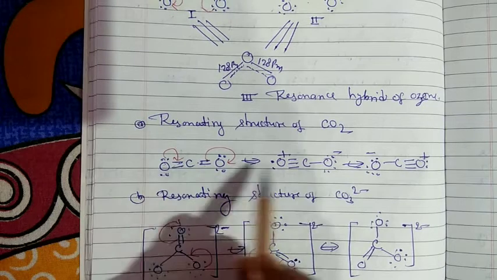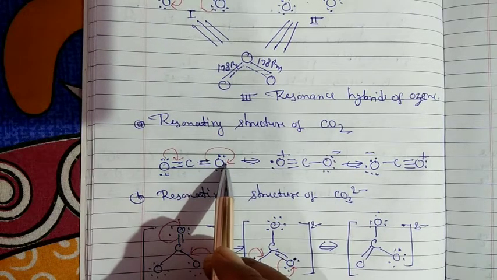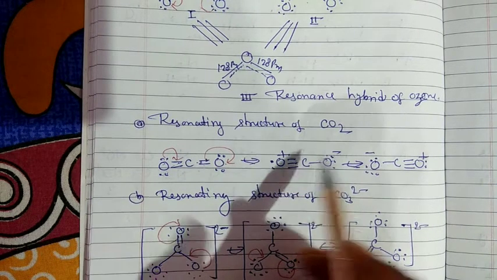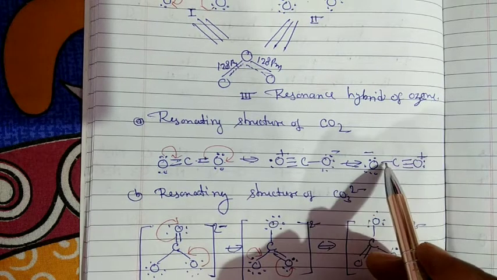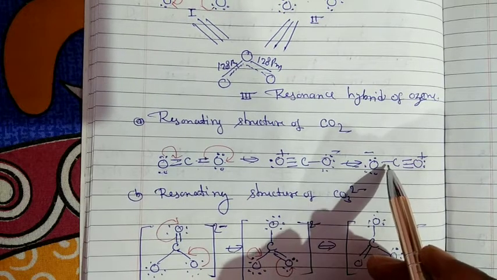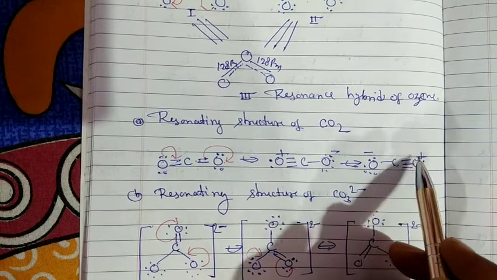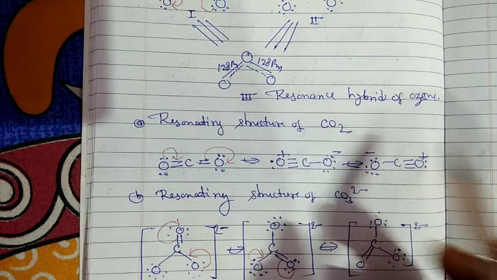So it has a plus charge, and transfer of this multiple bond to the lone pair, so it carries a negative charge. Similarly, this oxygen transfers electron to form a bond, and this multiple bond transfers electron pairs. This has negative charge and positive charge. So the total number of resonating structures is 3 in the CO2 molecule.